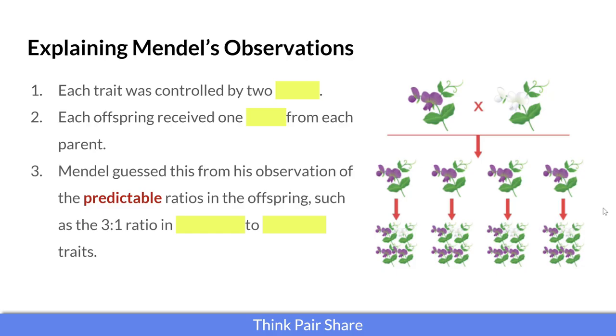The 3 to 1 ratio in dominant to recessive traits, right? And the trait that he was studying is the purple to white flowers, right? The 3 to 1 ratio in purple to white flowers, or dominant to recessive traits. Good job, guys. Yeah, it was kind of tricky. The answer for 1 and 2 was the same, right?